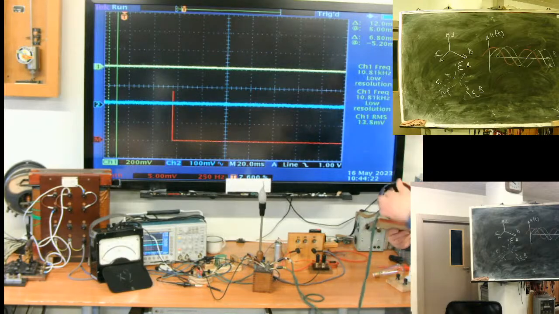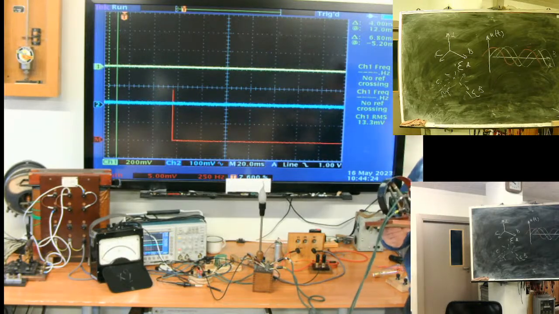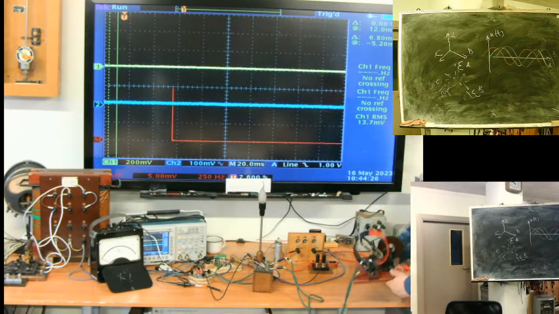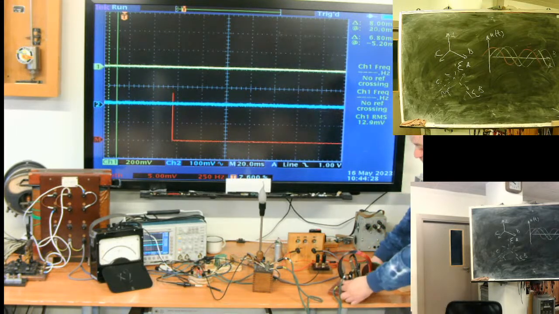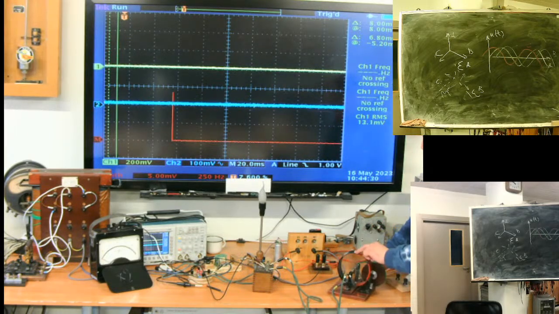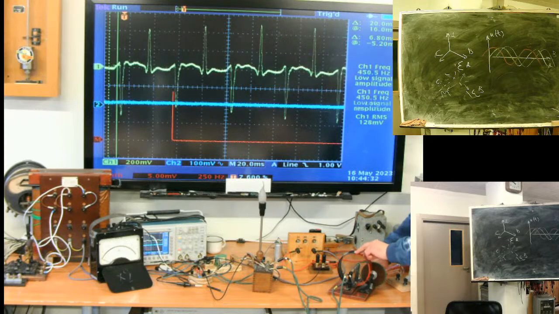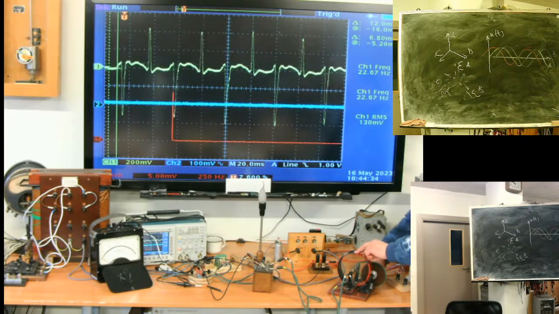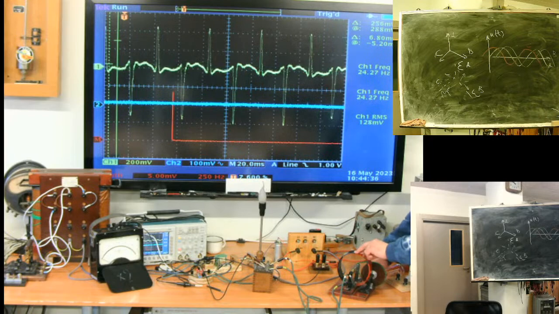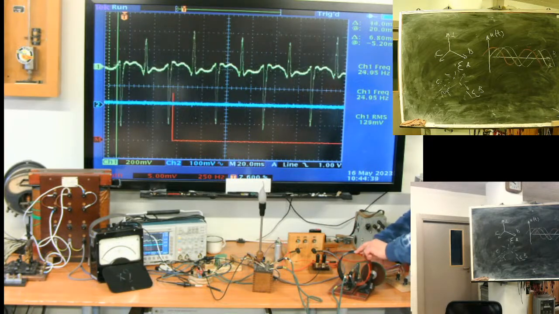I put one magnet here and another here. Not an ideal distribution of the magnetic field. You can see this voltage, yeah?